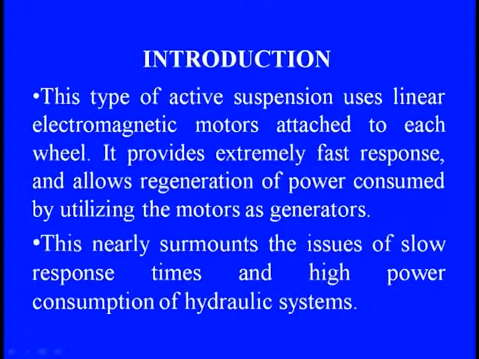Generally we say the ED or EM dampers. This type of active suspension simply uses linear electromagnetic motors, which can be attached to each of the wheels wherever the suspension is required, where absorption and dissipation are essentially required against the shock loading.